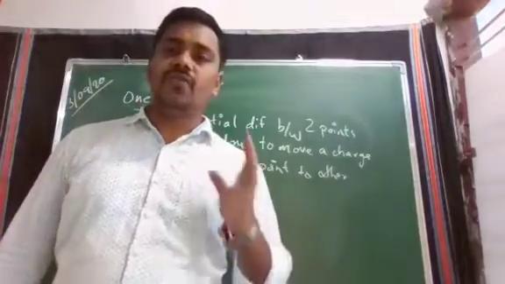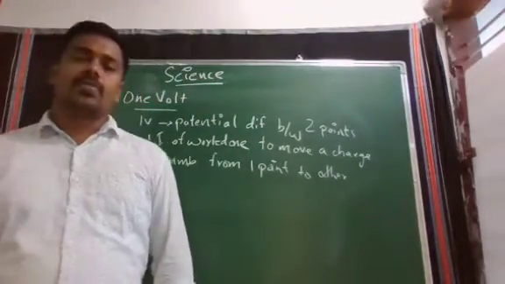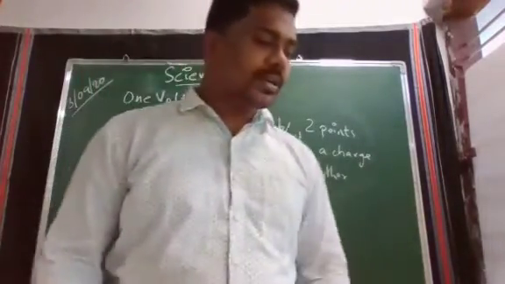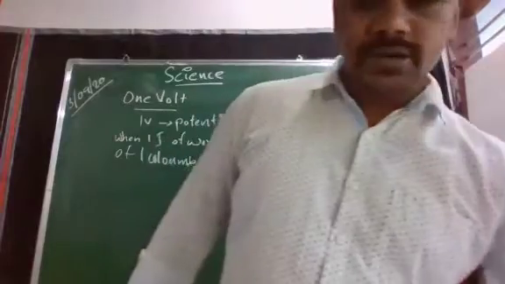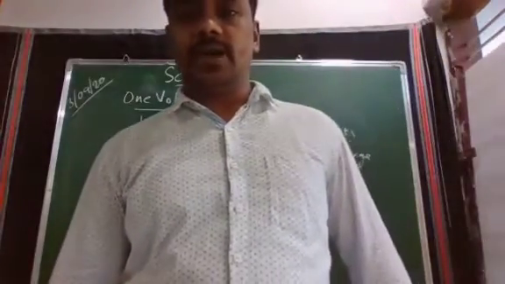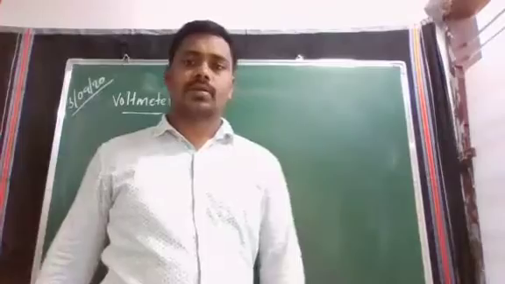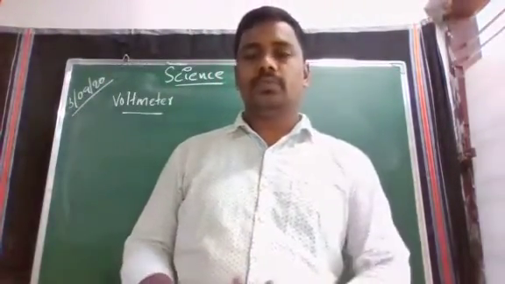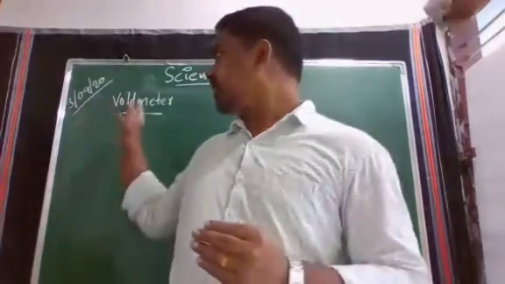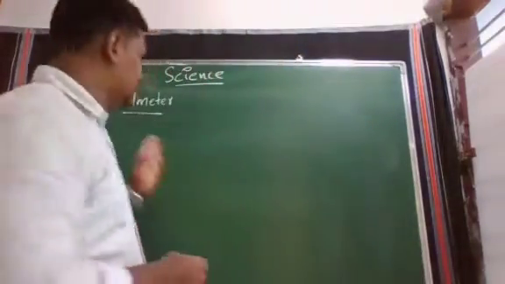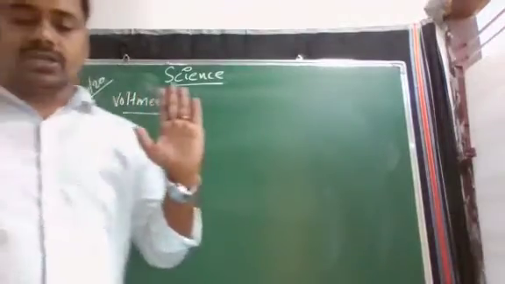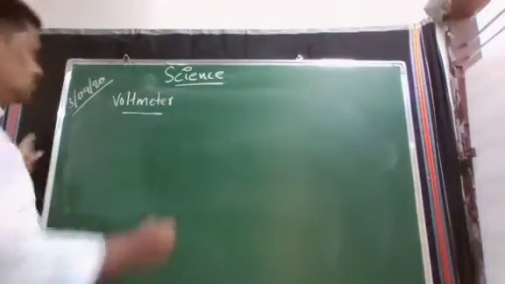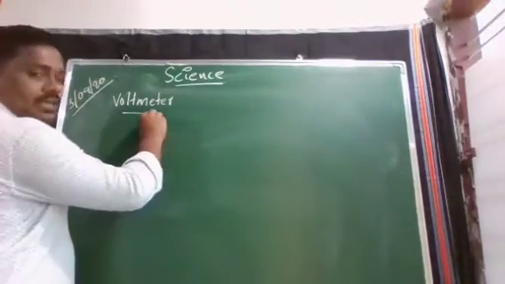Did you hear about the voltmeter? Yesterday we studied about the ammeter. Today we are studying about the voltmeter. After hearing the name voltmeter, we can understand it is a device used to measure the potential difference.